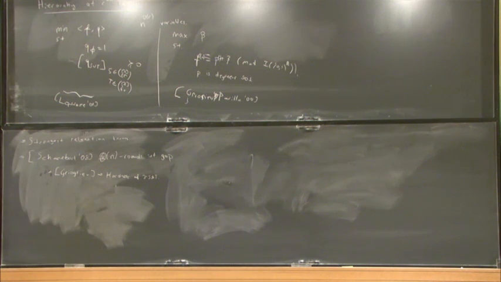So, for example, consider the problem of maximum cut. The best we know is 5/4 in terms of the minimization version.